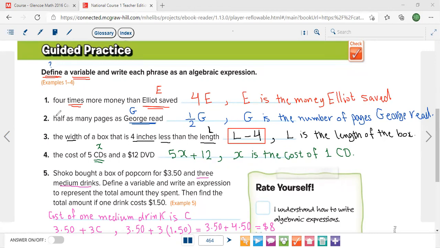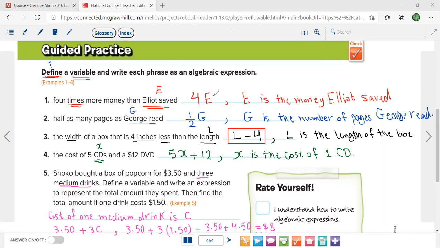Problem number 2. Half as many pages as George read. Let's say that the number of pages George read is G. So half as many means half G, such that G is the number of pages George read. You need to mention the letter here because it says define a variable.